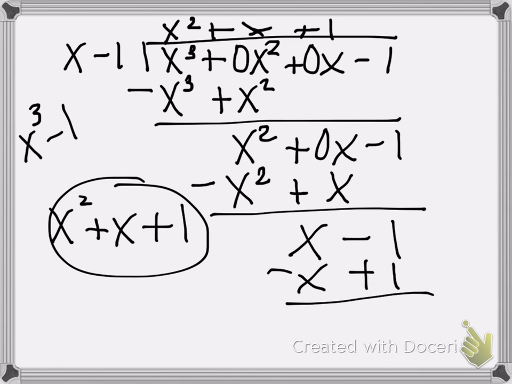Okay, now then, that's all there is to long division when it comes out even. Every now and then you'll have one that doesn't come out even, and that's what we're about to do right now, okay?